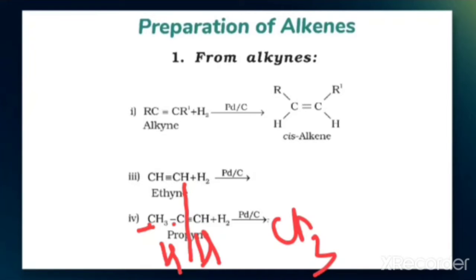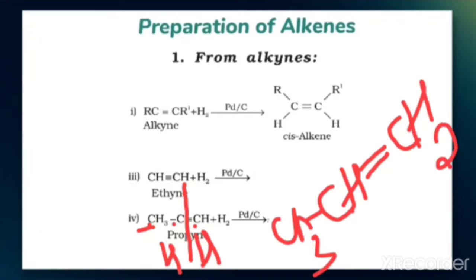Next we have this carbon, and because one hydrogen has been added here, the triple bond becomes a double bond. Then C with one hydrogen already there, and one hydrogen gets added. So it gives rise to propene. That is, propyne gives rise to propene, meaning alkyne gives rise to alkene.